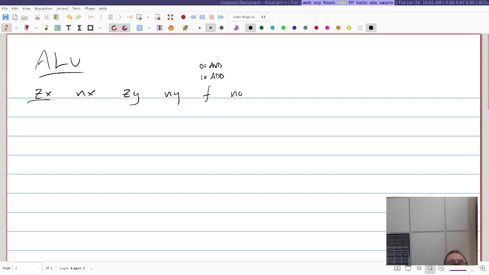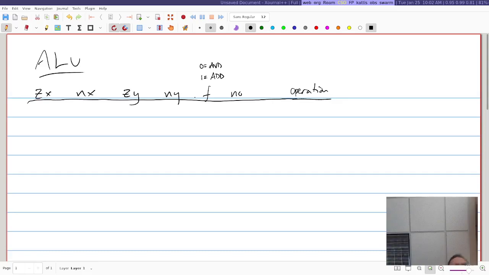Okay, so I want to think through this. We can make a little table, and here's the operation. I want to make a little table of some of the different combinations of inputs that we could give, and the ones that correspond to some nice operation that we can describe. Of course, there's 64 possible combinations of inputs, and they all do something, but some of them might not do anything particularly useful to us.